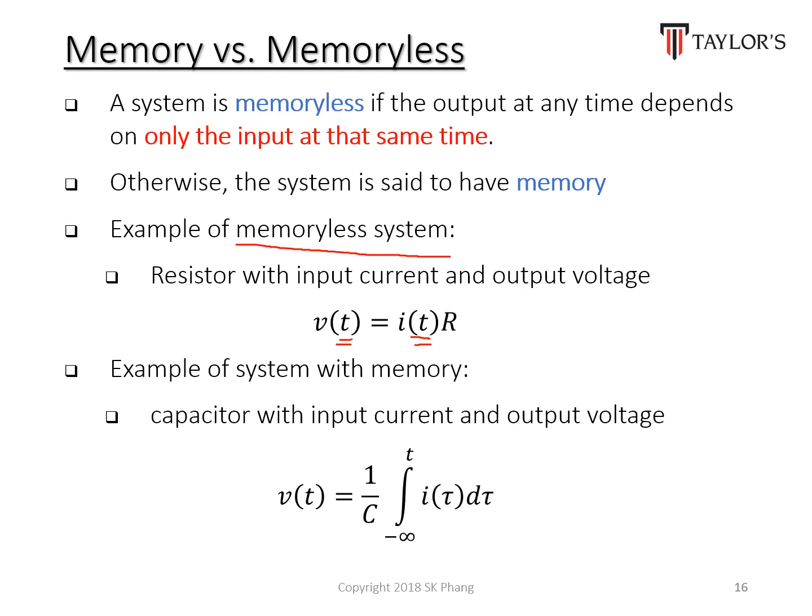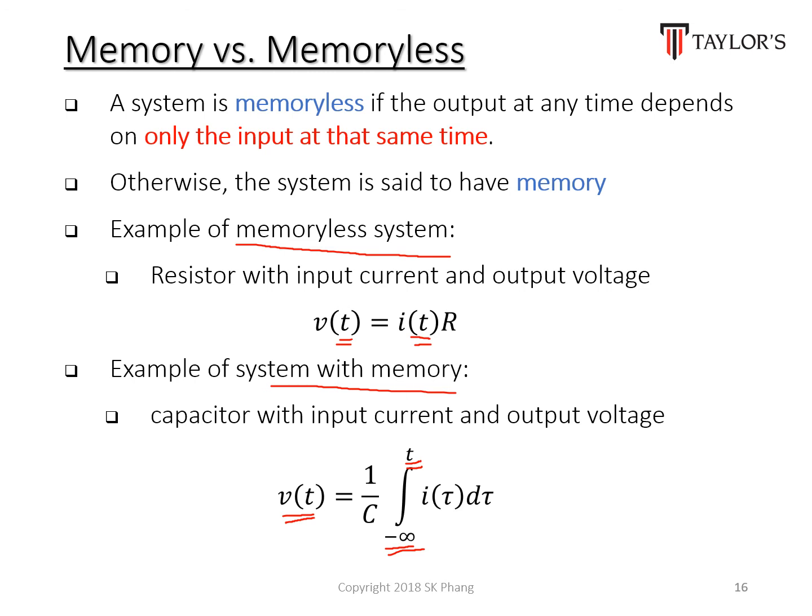Whereas for systems with memory, one example is the capacitor in a circuit. A capacitor is kind of like a charging-up voltage. Its voltage depends not only on the current at the present time t, it also accumulates all the current that passed through the capacitor from the beginning of time until the current time.